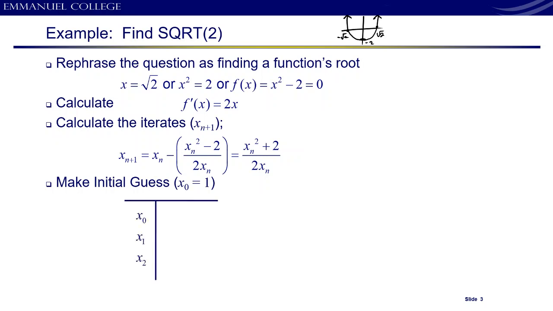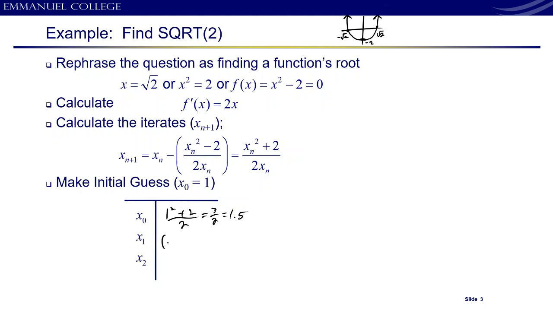So if we make our guess that, let's say x naught is equal to 1, then if I plug it into my function, I'll get 1 squared plus 2 divided by 2, which is 3/2, or 1.5. You know, square root of 2 is about like 1.4 and some change.